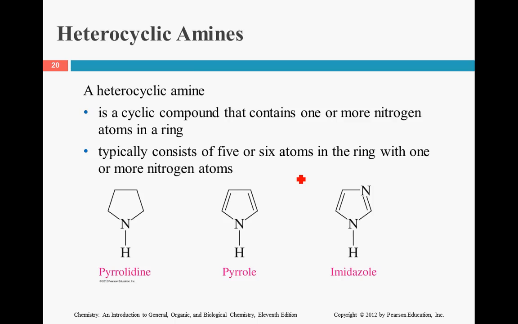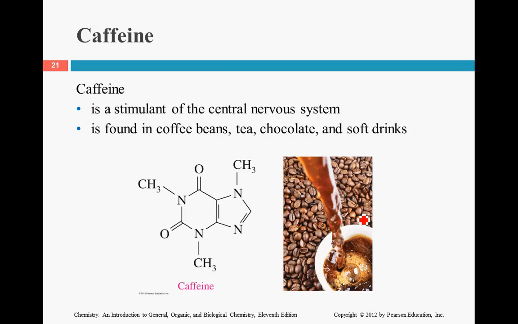A heterocyclic amine is one where the nitrogen is actually in the ring itself. For instance, caffeine, found in coffee beans, tea, chocolate, so on and so forth. Soft drinks, very, very prevalent.